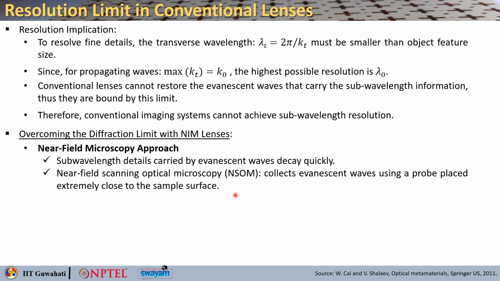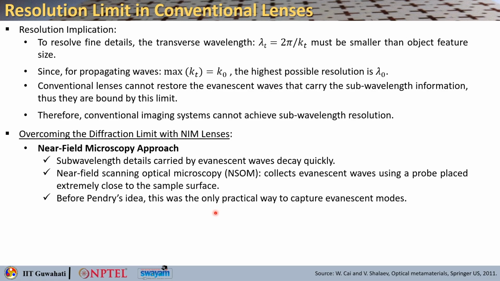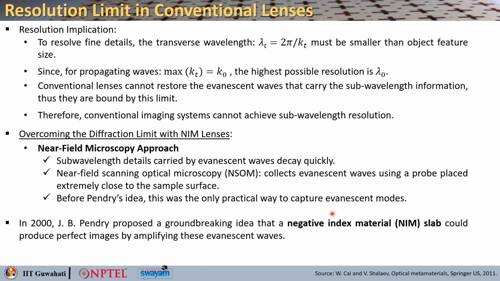The near field scanning optical microscope, that is NSOM, collects the evanescent waves using a probe that is placed extremely close to the sample surface. Before Pendry's idea of introducing a slab of material containing negative refractive index, this was the only practical way. NSOM was the only useful and practical way to capture these evanescent modes.